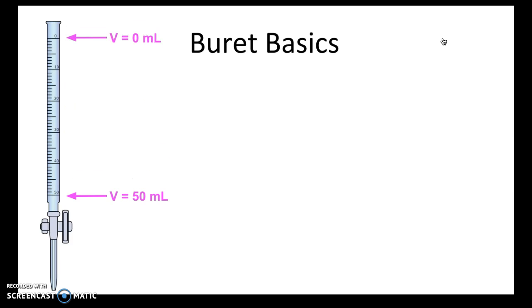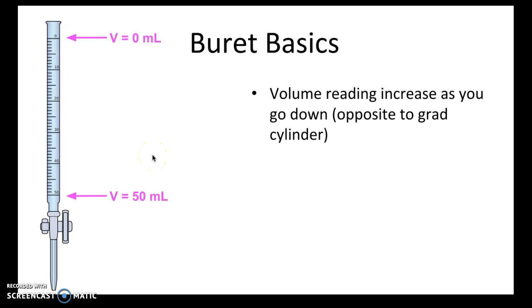If you look at this Buret, you'll notice that at the bottom the volume reading is 50, and at the top the volume reading is 0. That may seem strange, because typically we see the reverse. With a graduated cylinder, the top is where the 50 mark is, and the bottom is where the 0 is. The volume reading on a Buret increases as you go down, which is opposite to a graduated cylinder.